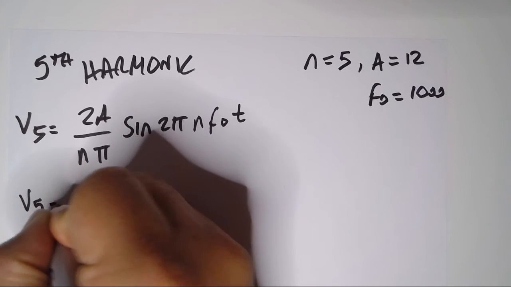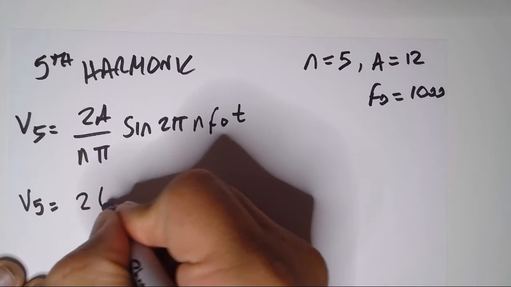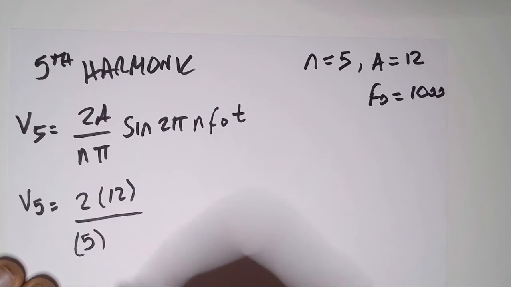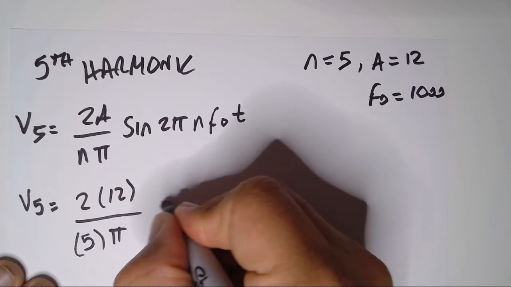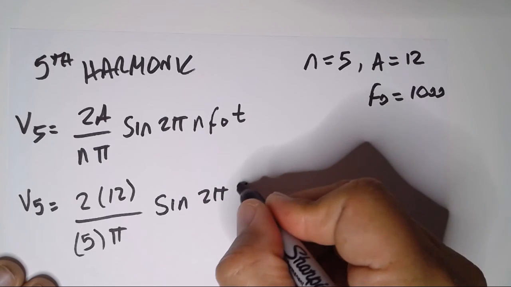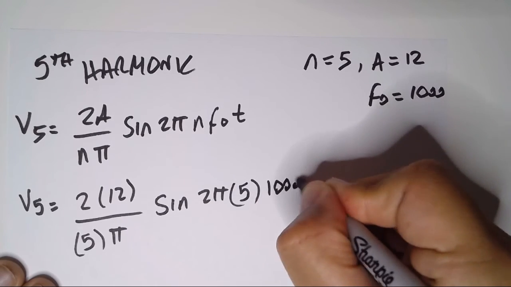Here let's plug in our data. We have 2 times the amplitude, which is 2 times 12. The fifth harmonic goes here for n, times sine of 2 pi, and the fifth harmonic, which is 5, times the fundamental frequency.